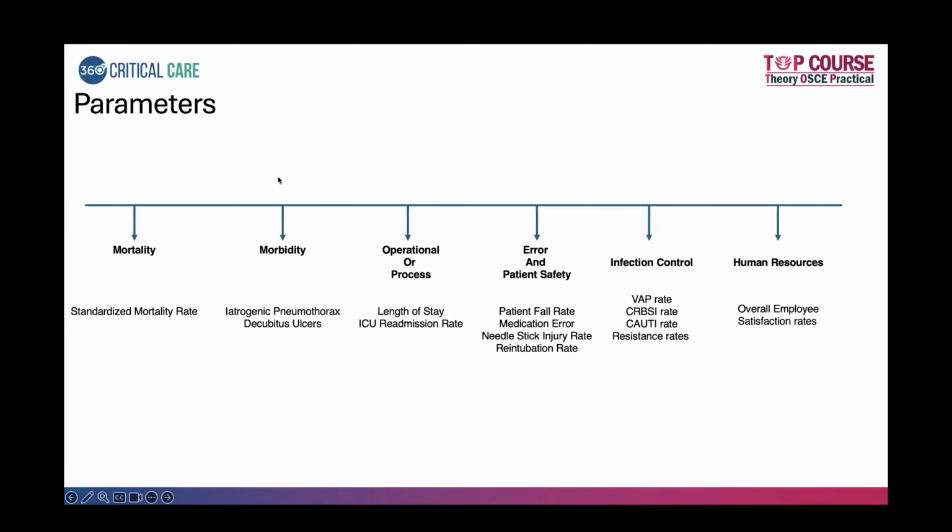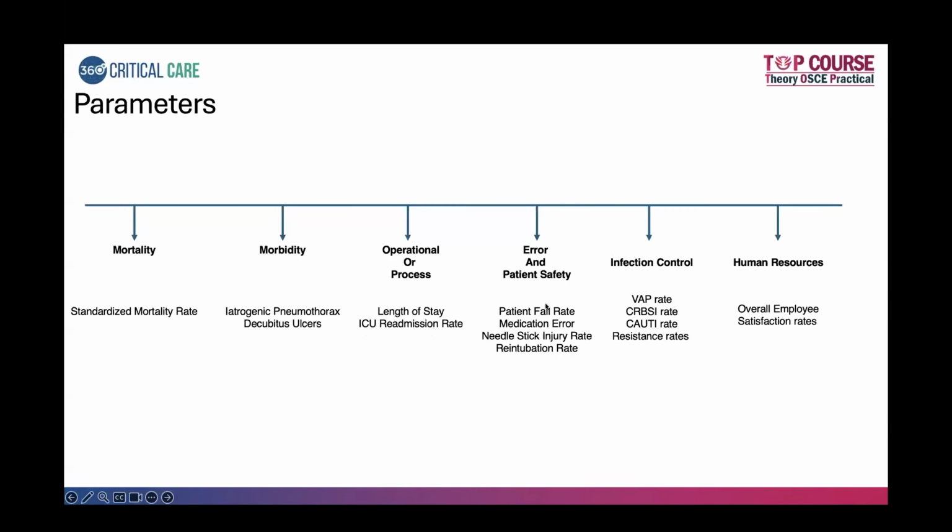The parameters that are routinely used in ICU practice: in relation to mortality, it is the SMR, the standardized mortality rate. With regard to morbidity, iatrogenic pneumothorax rate and decubitus ulcer rates. Operational or process measures are length of stay and ICU readmission rates.